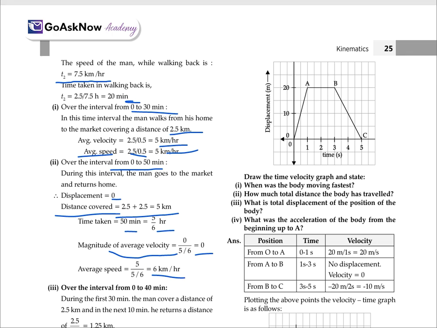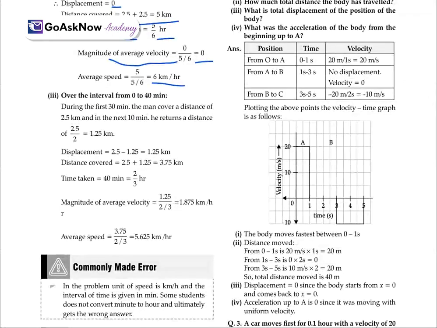Now, the third interval is 0 to 40. During this time, in the first 30 minutes, the man covers a distance of 2.5 km. In the next 10 minutes he returns a distance of 1.25 km, and the displacement will be 2.5 minus 1.25, which is 1.25.